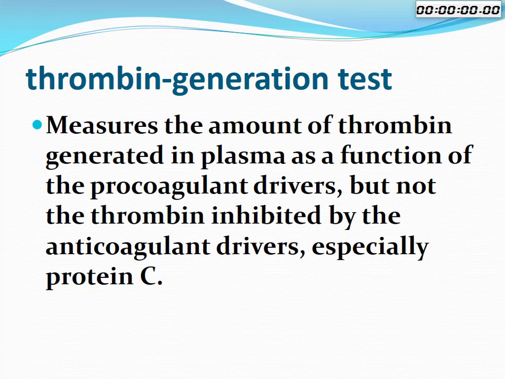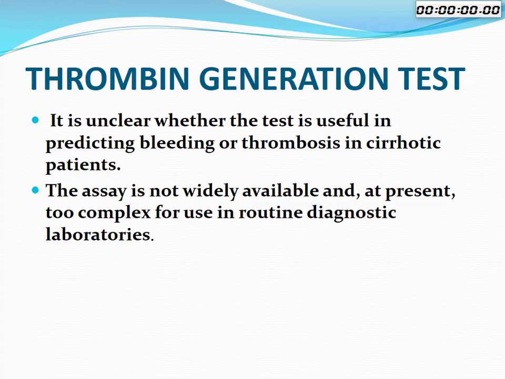There is a thrombin generation test, which measures the amount of thrombin generated in plasma as a function of the procoagulant drivers, but not the thrombin inhibited by the anticoagulant drivers, especially protein C. It is unclear whether this test is useful in predicting bleeding or thrombosis in cirrhotic patients. And the assay is not widely available at present, and it is too complex for use in routine diagnostic laboratories. Even this test is not available in many hospitals and maybe not available in Egypt.